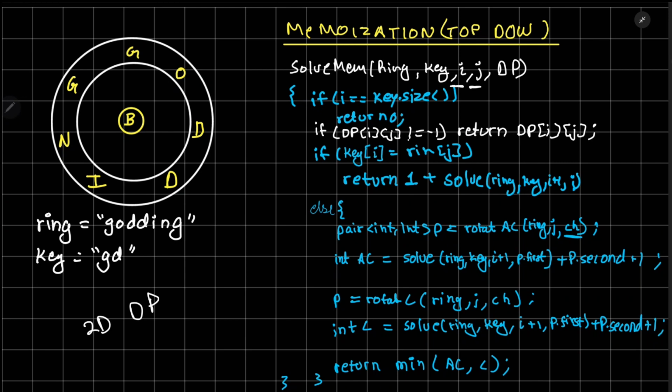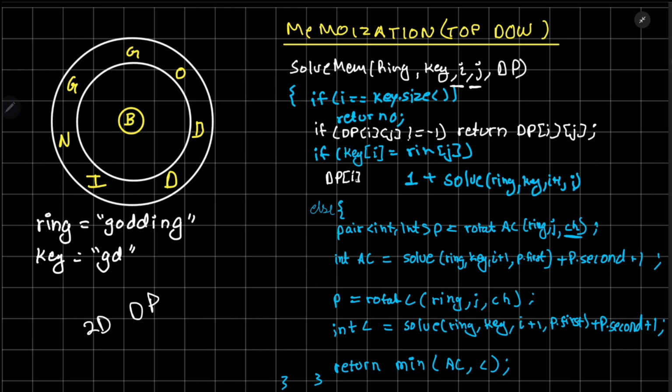This -1 is nothing but a number that we initialize the DP array with. So if it is -1, it means that for that particular I and j we haven't stored any value. Then we will return the answer if this is not in the DP array, but while returning we must store that value in DP of I and j, so that in future when calls are made, we don't have to make the call for it again. We can get the value from this statement only.